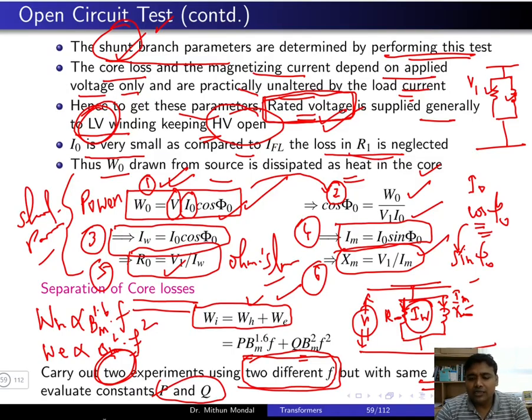So this is the open circuit test where we need to find the shunt parameters, and we have to segregate the hysteresis and eddy current loss using this empirical formula, knowing the relationship between the magnetic flux density and the frequency.